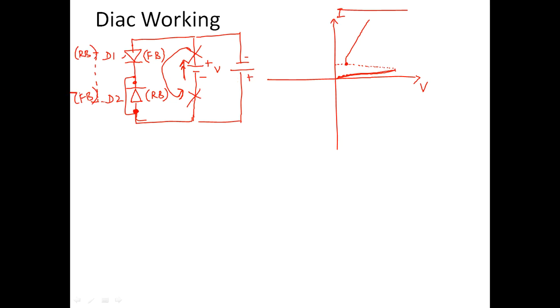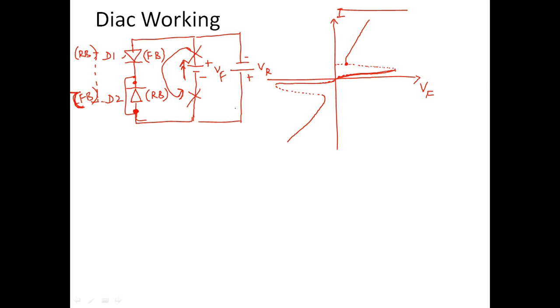So it is exactly the opposite of the condition we considered in the previous case. If I apply a polarity like this, let me call it VF and VR. When I apply VR, again I get characteristics like this: a small minority carrier current, then the drop across the depletion region, and then a sudden surge in the current.